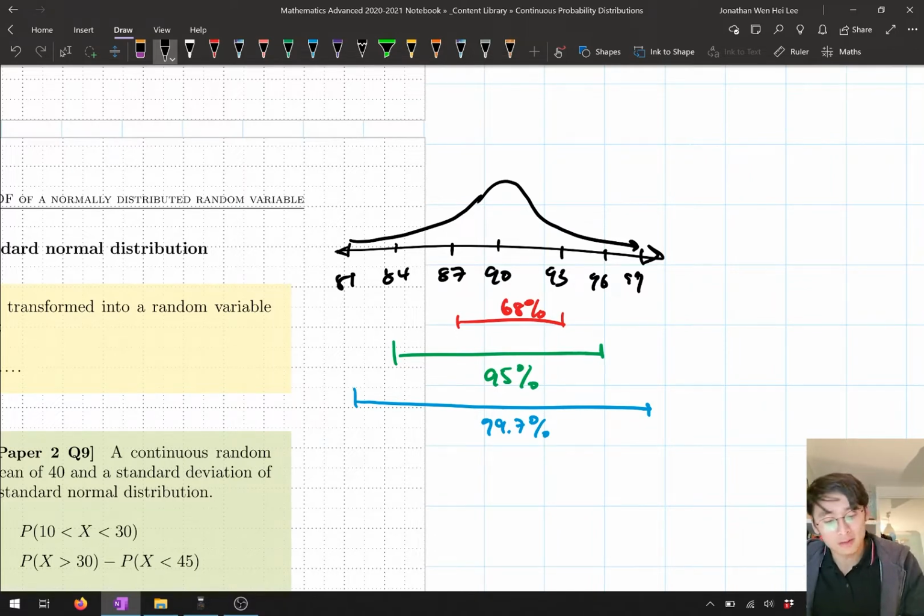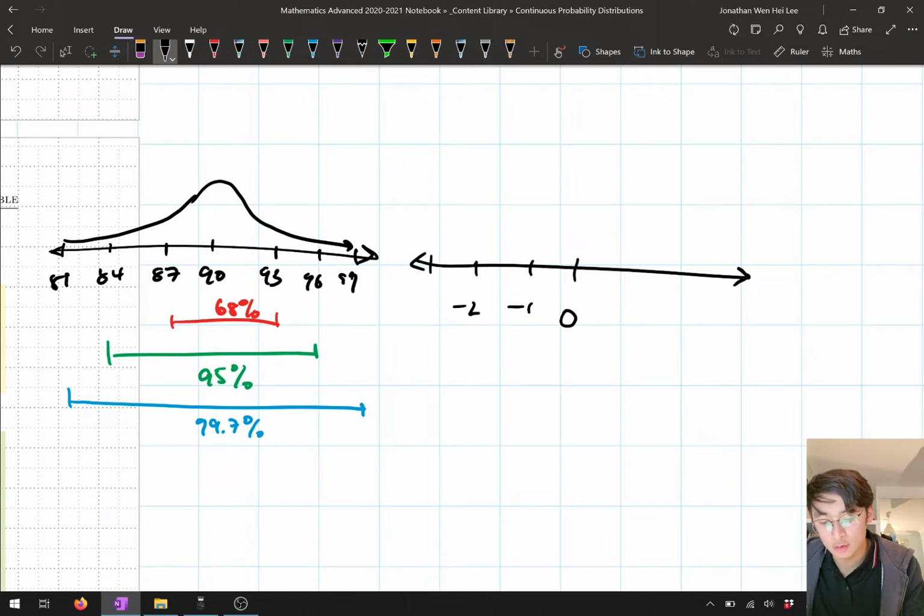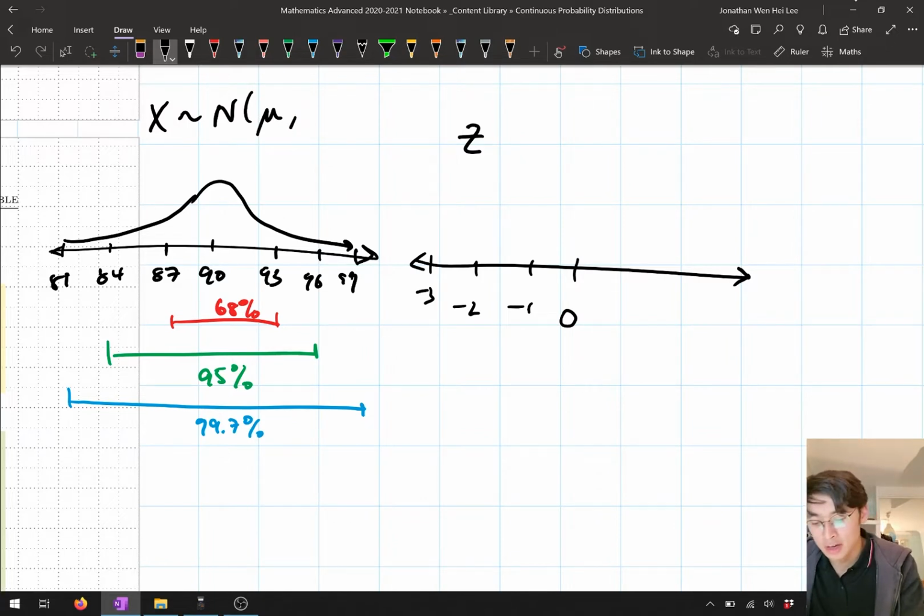If you remember, the standard normal distribution is where 0 is our mean, and then we have -1, -2, -3. This is our regular normal distribution that we had before, distributed with mu. It's centered at mu and has a variance of sigma squared.